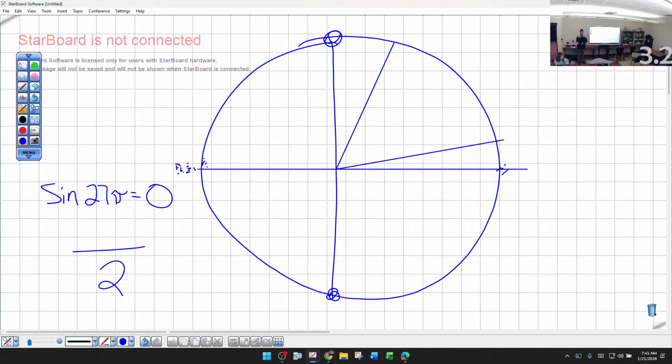Cosine doesn't go anywhere. But sine's 1 up here and -1 down here. So 1/2, 3 halves, 3, 4, 5. One half, 2 halves, 3 halves, 4 halves, 5 halves.